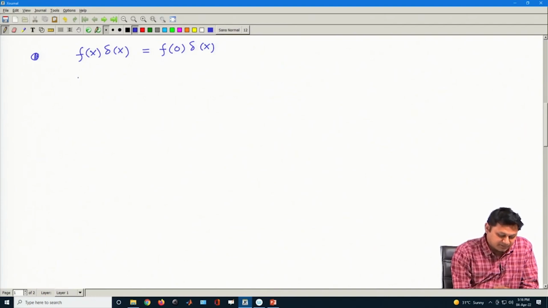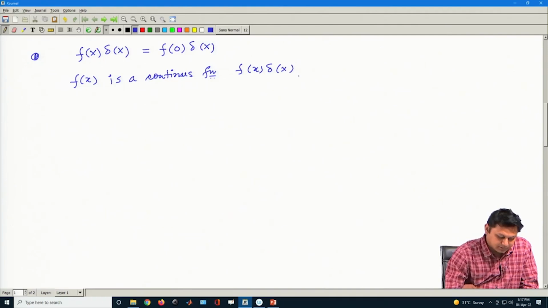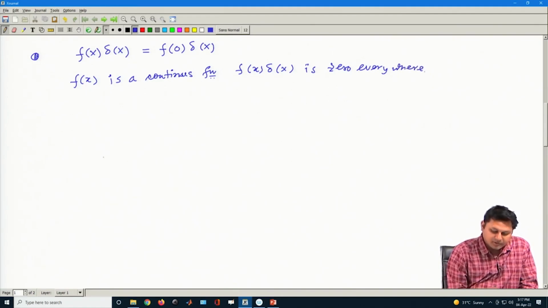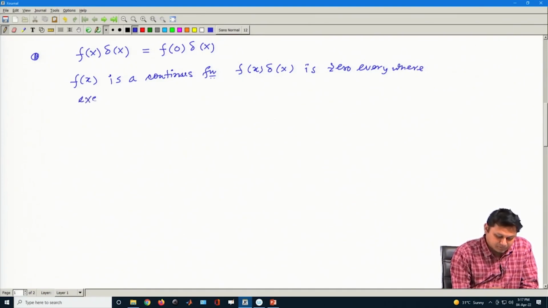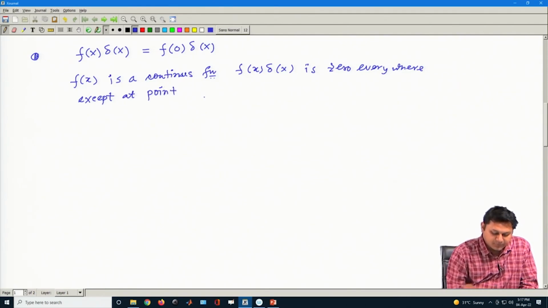What I am trying to say is this: f of x is a continuous function, and f of x times delta x is 0 everywhere except at the point x equal to 0.